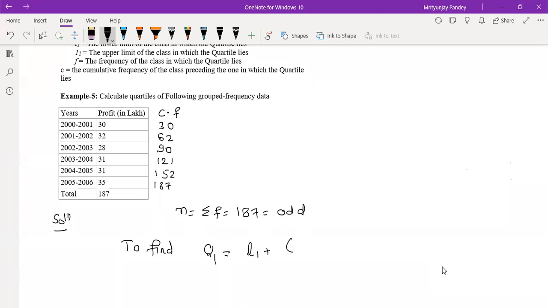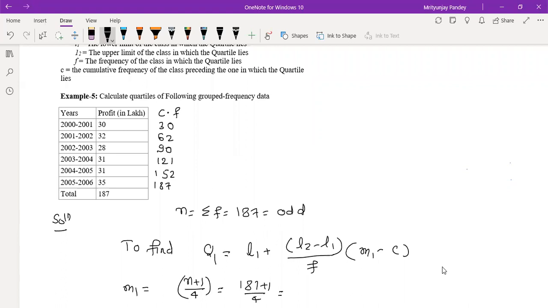L1 plus L2 minus L1 divided by F into M1 minus C. And what is M1? Tell me. N plus 1 by 4. Is it correct? N is nothing but 187, plus 1 by 4. Tell me the answer.